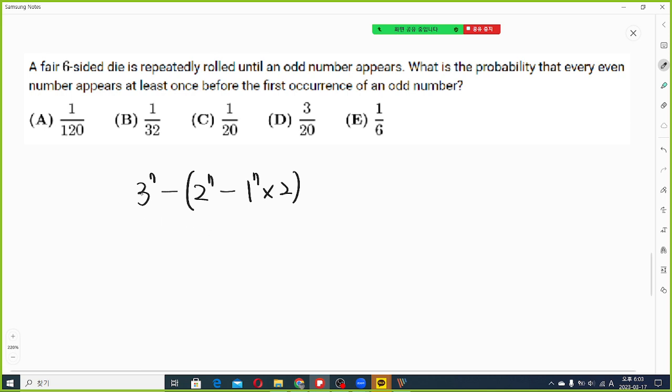And also, if we want to subtract the case when only two numbers appear, we choose two numbers out of three even numbers. So the number of choices is 3. I mean, there are 2, 4, 6. So we can choose 2 and 4, or 4 and 6, or 2 and 6. So there are three cases. So we need to multiply by 3 here.